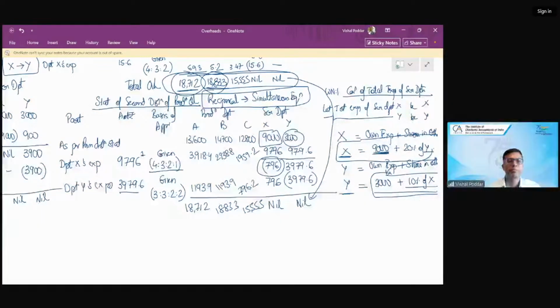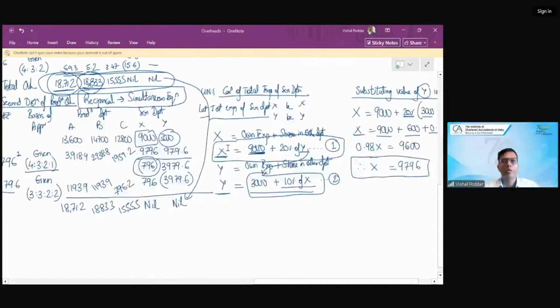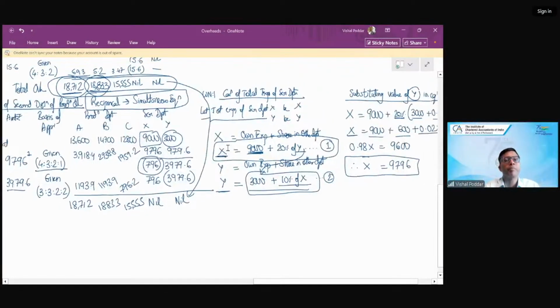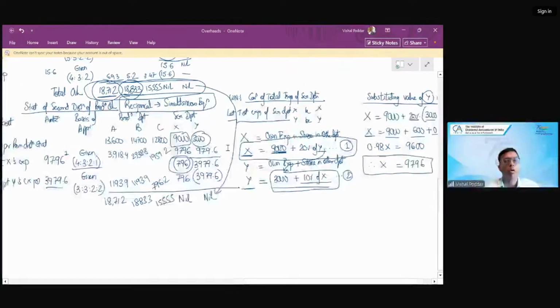Right, students? Totals are matching. That is the magic. It has to match, because the approach is the same. Both are reciprocal.